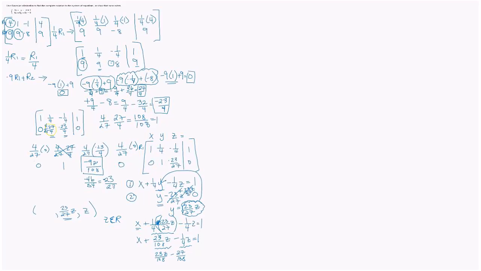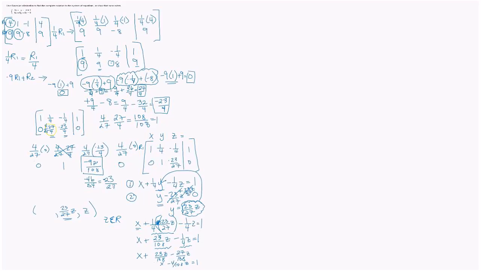x plus, and then I get 23 minus 27 equals negative 4 over 108 z, and it's going to be x is equal to 1.